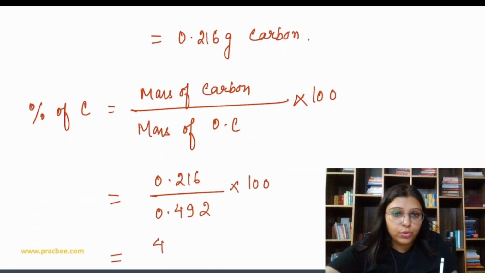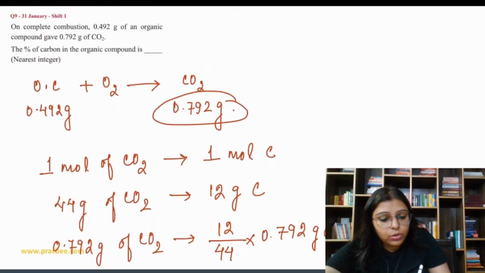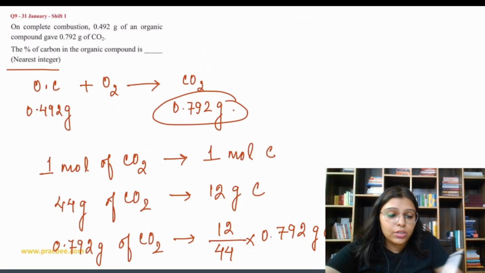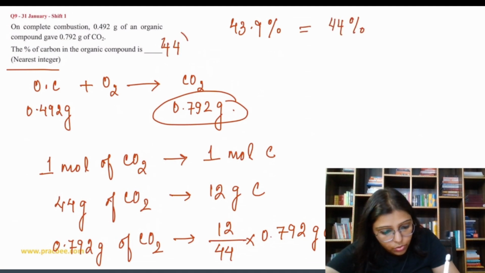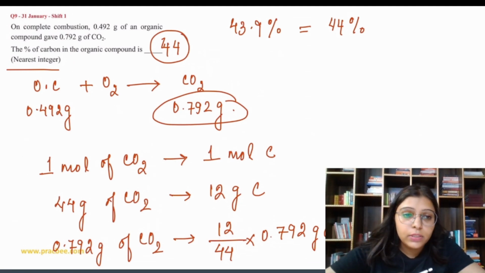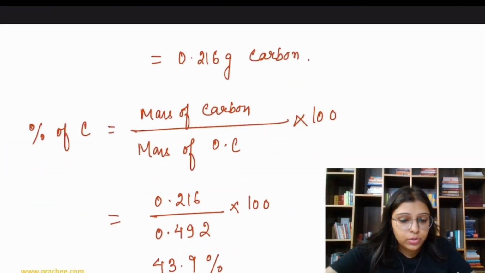Once you solve, you get 43.9%. But you have to report this to the nearest integer, so 43.9% is equal to 44%. So the answer is going to be 44. Clear? Let's do the next question.